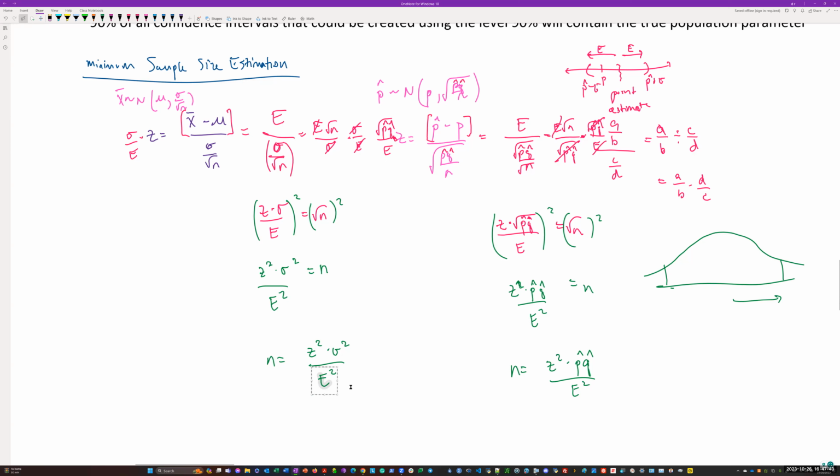If you divide by a bigger number, right? Like if E was 100 versus E being like 10 or something, you would divide by an even bigger number. This would have to get smaller. Does that make sense? Because if you're allowing more error, you should have to sample less. Does that make sense? If you're going to be more confident, though, Z is going to be bigger, right?